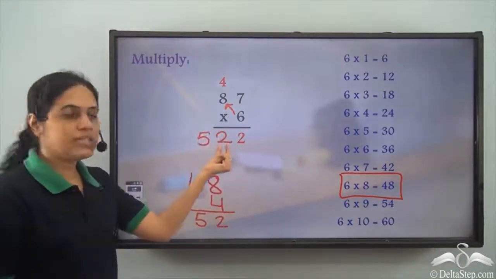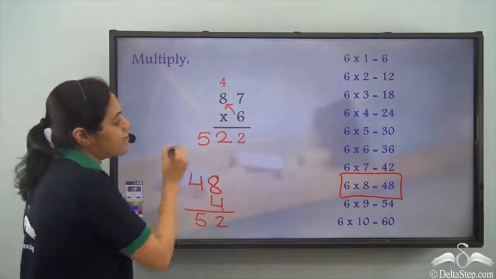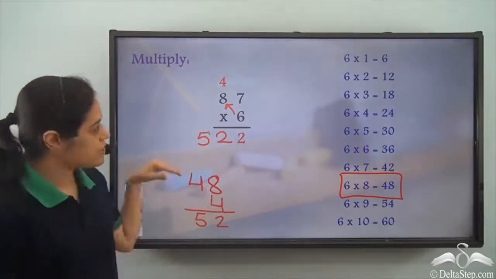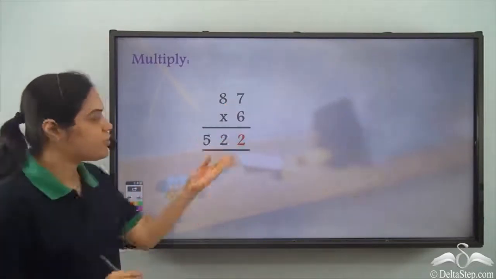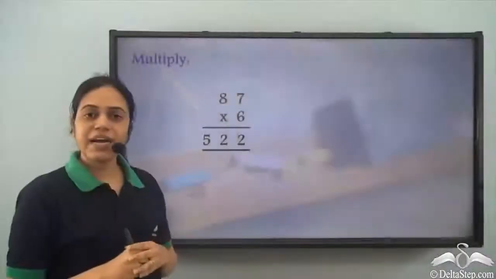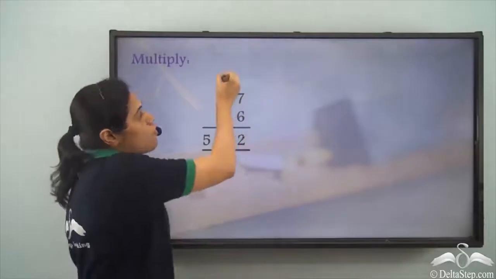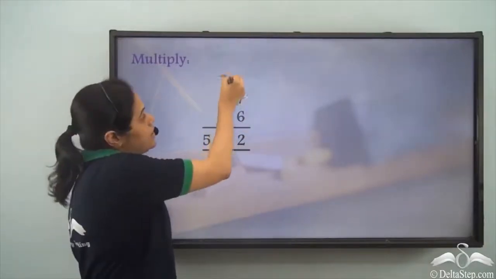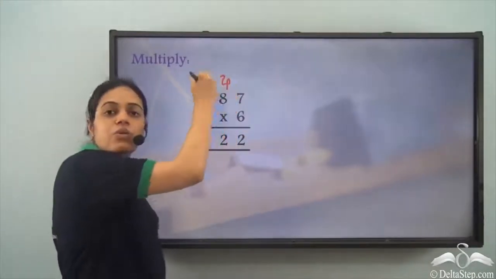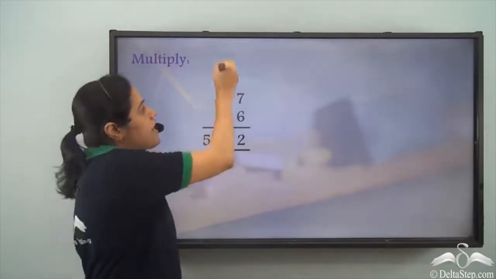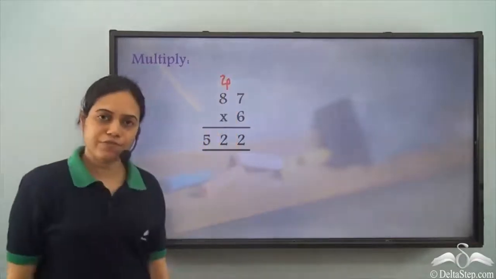So 2 is in the tens place and 5 is in the hundreds place. So the answer is 522. How do we get the answer? 6 multiplied by 7, 2, 4 was carried, then 6 multiplied by 8, whatever was the answer, we added 4 to it and got 52.